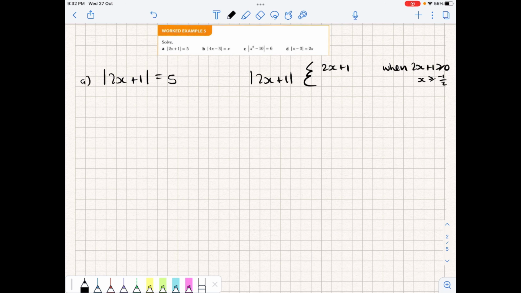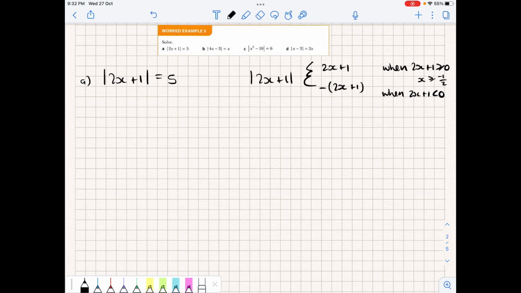And in the same sense, we could say that when 2x plus 1 was less than 0, in other words, if it was negative, then in order to make it positive, I just slap a minus sign in front of it, and it will become positive.